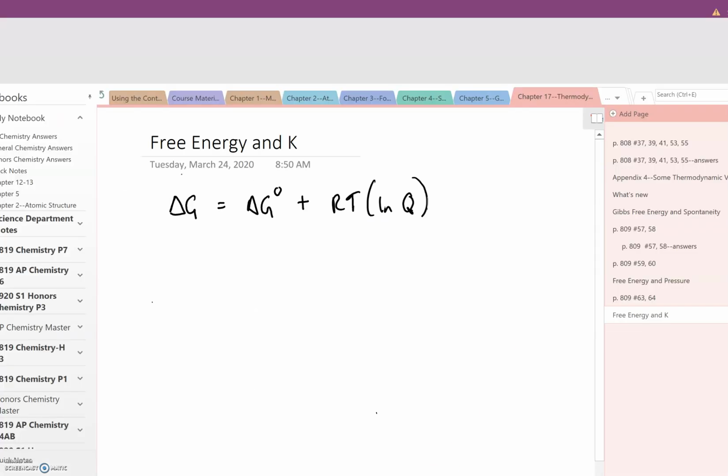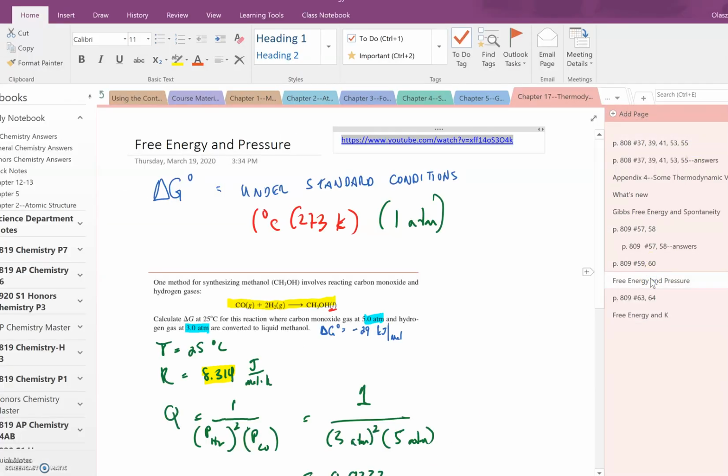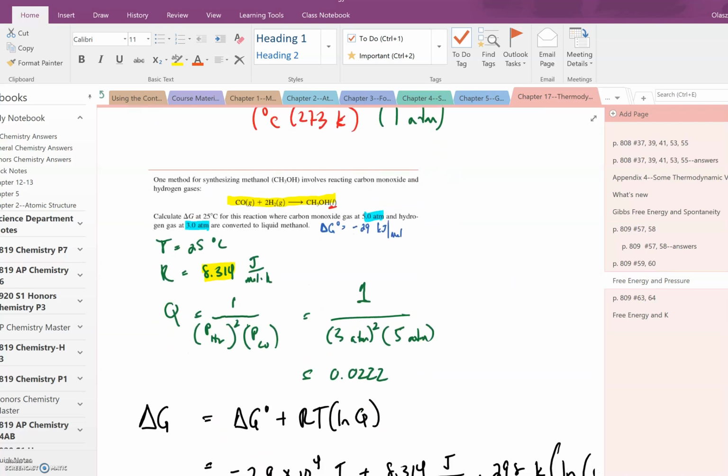If you guys can recall, this thing called the reaction quotient is where the reaction is before it reaches equilibrium, which direction it's going to run.